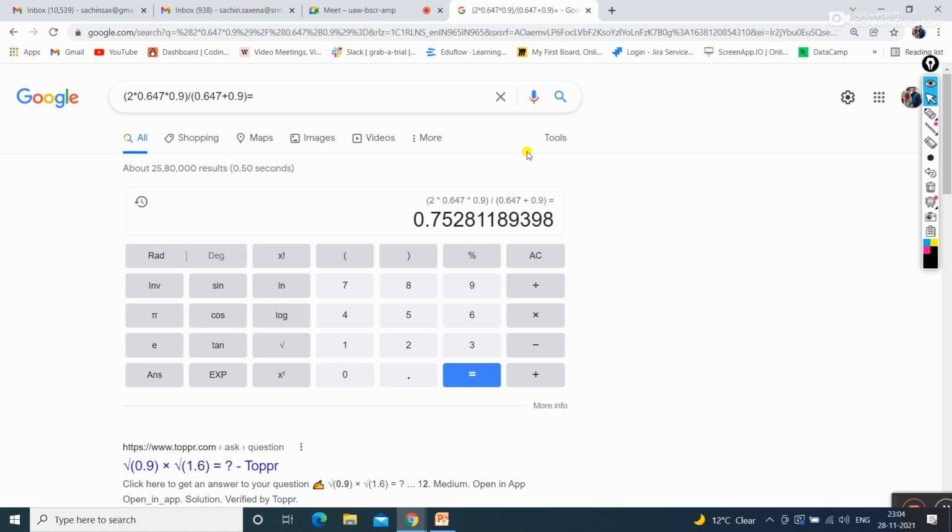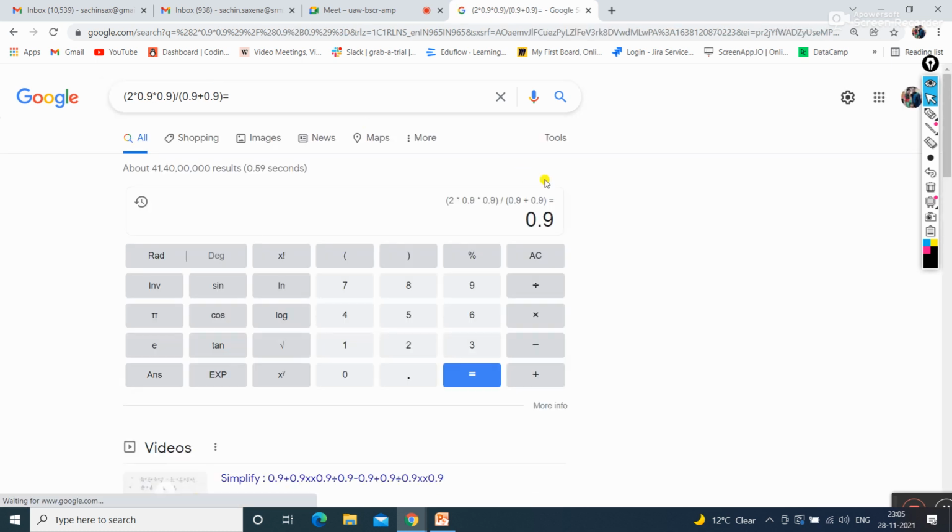Similarly, if I increase that value to 0.9, this value is closer to one, approximately 0.9.